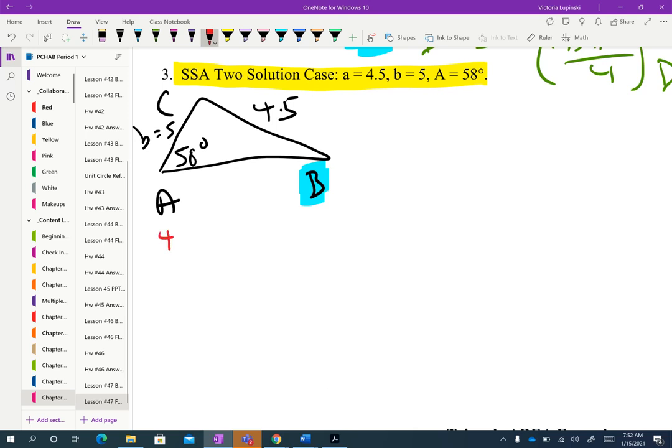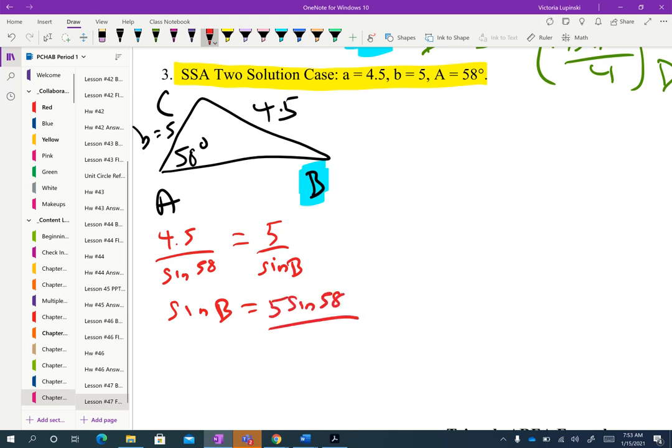So we're going to set up that 4.5 over the sine of 58 would be equal to 5 over the sine of B. Cross multiply and divide, and you're going to get the sine of B is equal to 5 sine of 58 divided by 4.5.